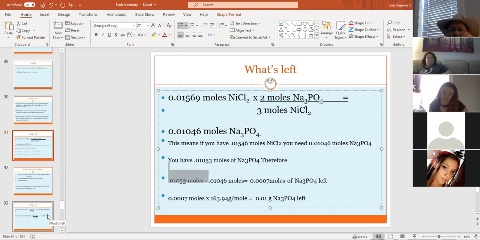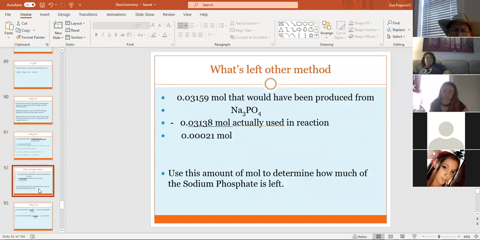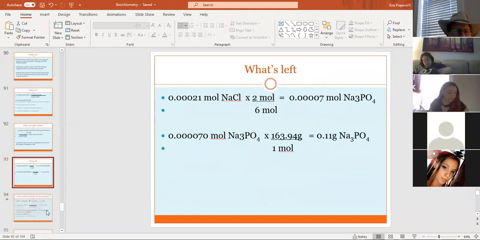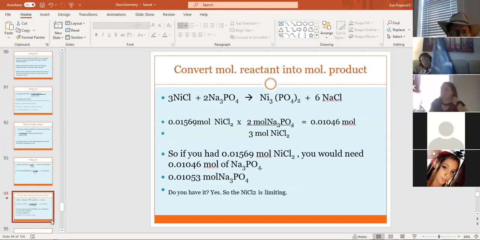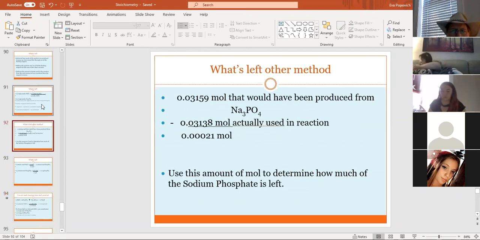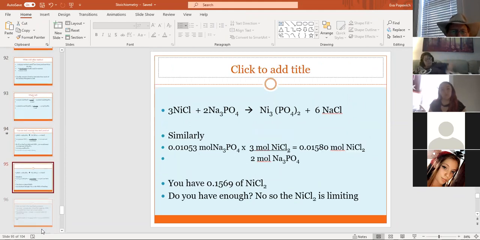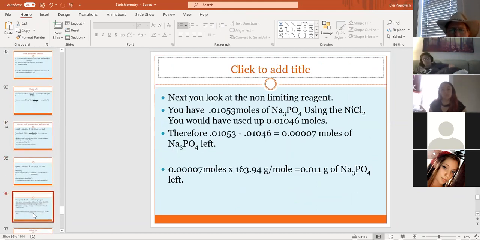What I could do is take the amount of product that I formed, take that back to find out how much of my sodium phosphate was used to make that amount of product, and then subtract that from the original amount. There are different ways to do this. I don't want to go into different methods.